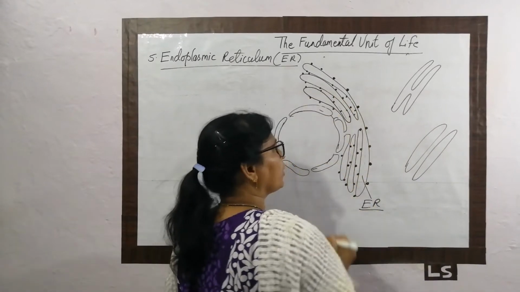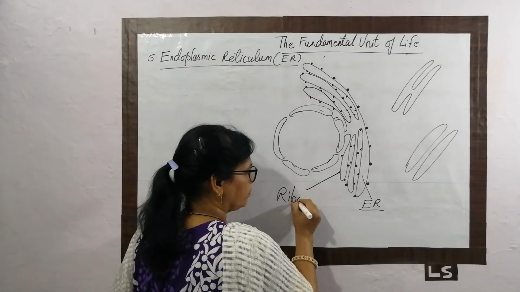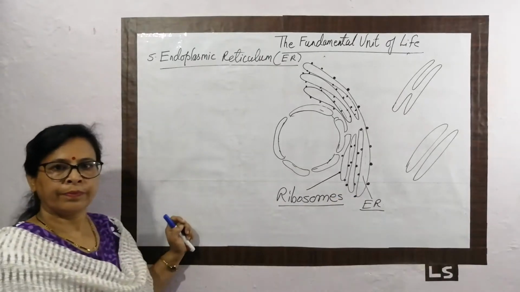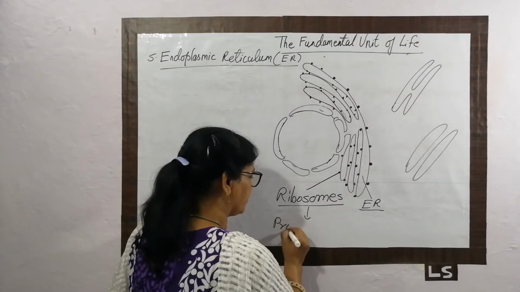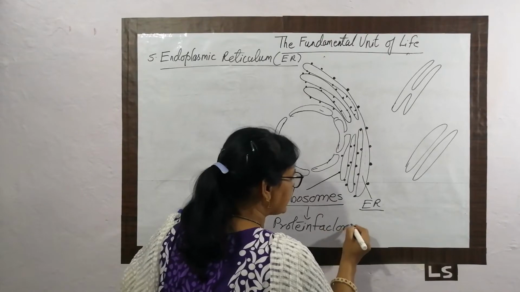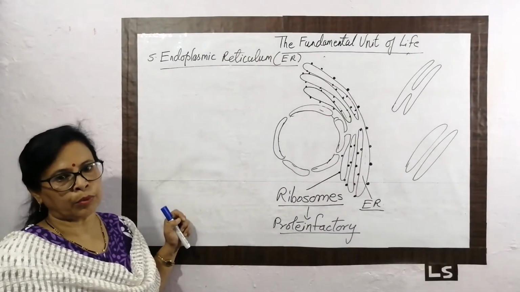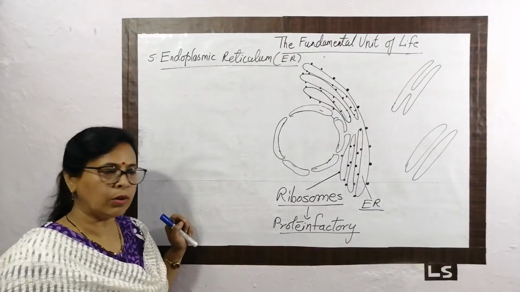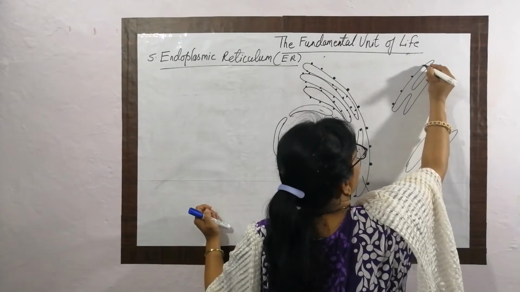This is another cell organelle, and these granules are called ribosomes. Ribosome is actually the protein factory. What is the meaning of protein factory? It means it synthesizes protein. These are small granules present on the outer surface of the endoplasmic reticulum like this.